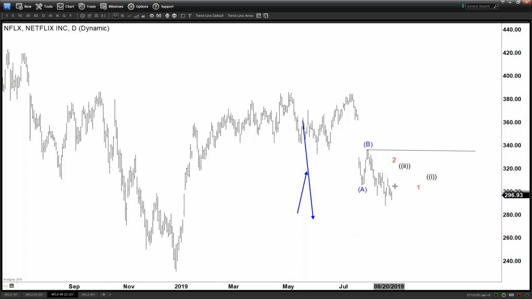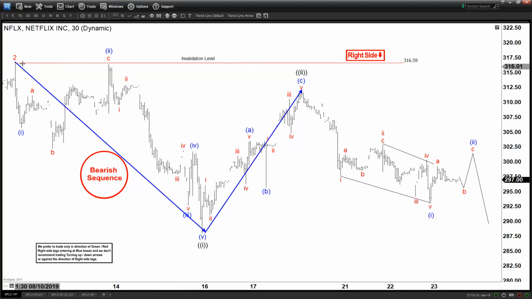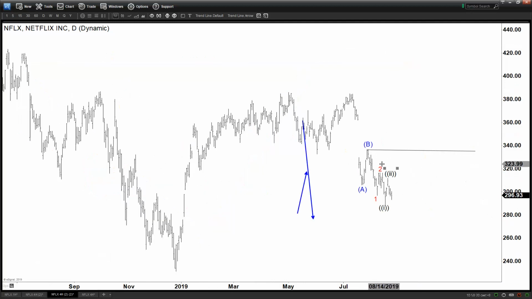Okay, so now if we go with the proposed count that this is a 1 2 1 2, let's say, then we are going to be looking for the downside, right? And therefore again any bounce will fail against this 316.6, right, which is this wave 2.